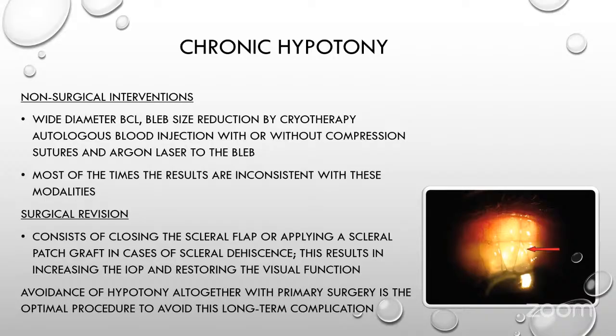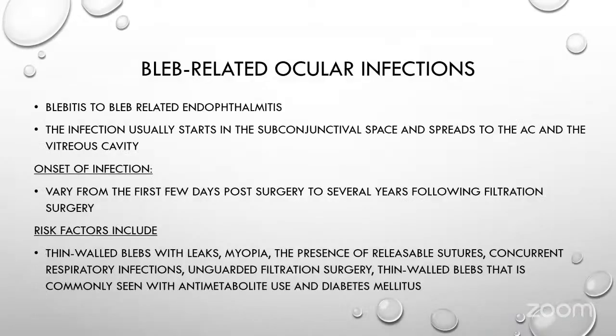We actually do compression mattress sutures, like in this case, to put a compression effect over the area of the scleral flap, or we may seal up the place completely where you feel you are not winning. Go back and put several sutures over the scleral flap to close it up. Those are some of the interventions that can be done.